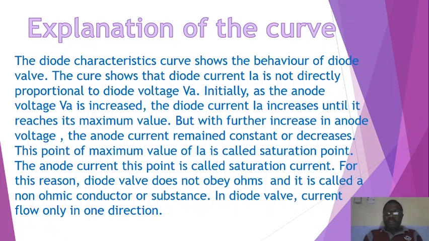The maximum value of the diode current is called the saturation current. But with further increase in the anode voltage, the anode current remains constant, or in some cases, it decreases. That maximum value of the current is the saturation current, and that point is the saturation point.